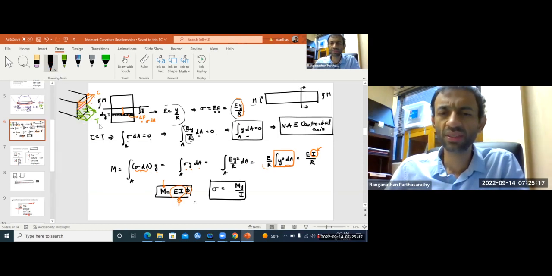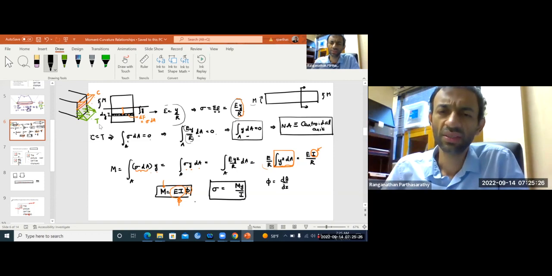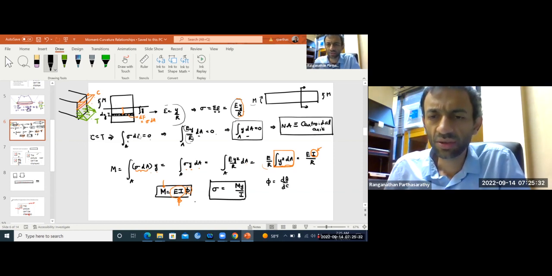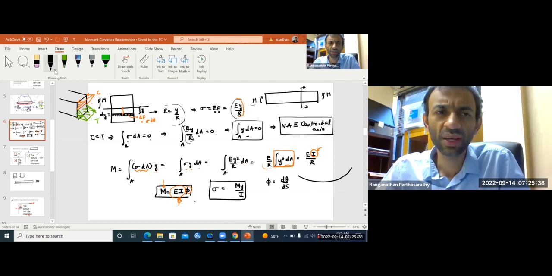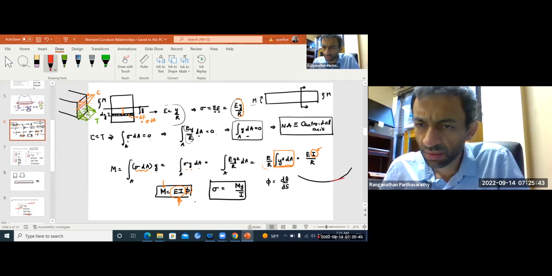If you write curvature is nothing but d theta over dx, that is your change in slope with respect to distance. Okay, it's more accurately over ds, change in slope. So if this is the shape of your beam, what's the curvature? You have some slope theta at this location.